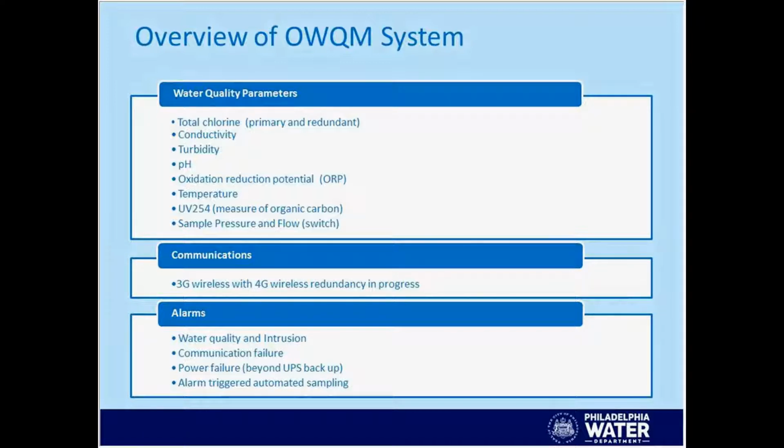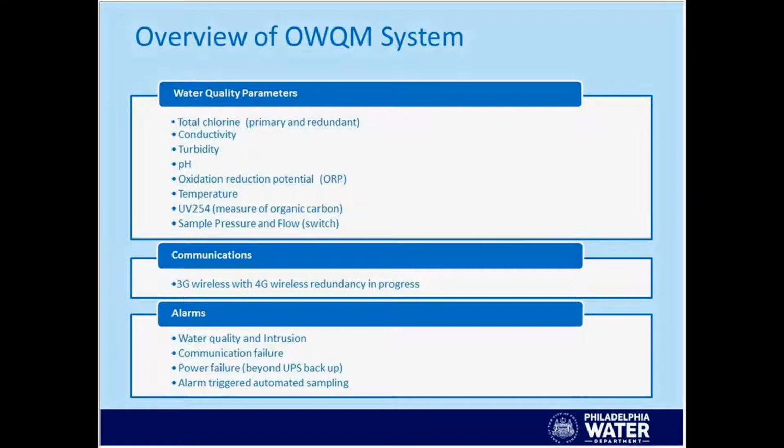Our communication system is a 3G wireless cellular network, and we're also constructing a 4G wireless network for redundancy. Early on in our system, we had cellular and spread spectrum radio, but we migrated away from unlicensed radio, and we're replacing that with a 4G network.